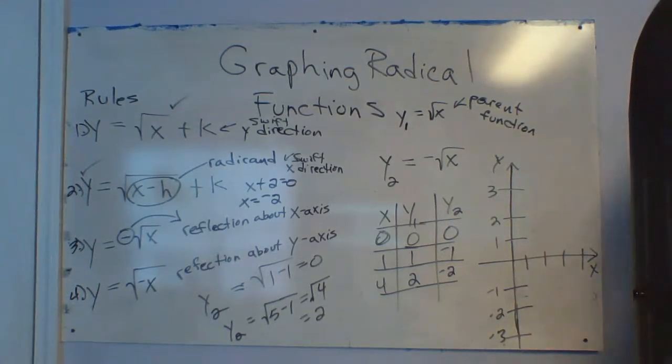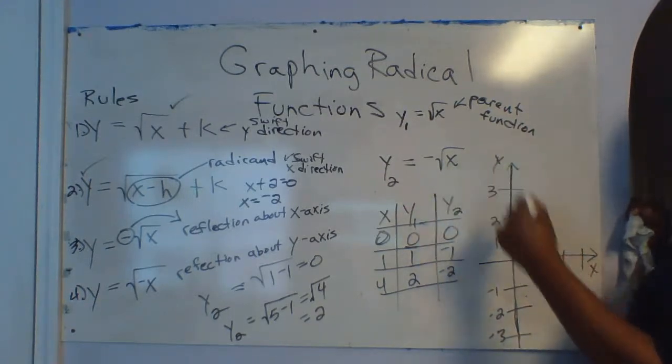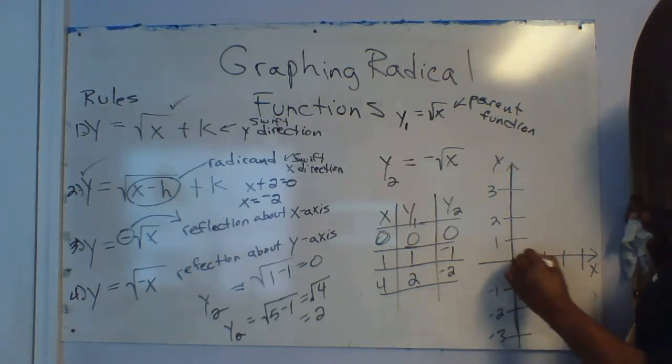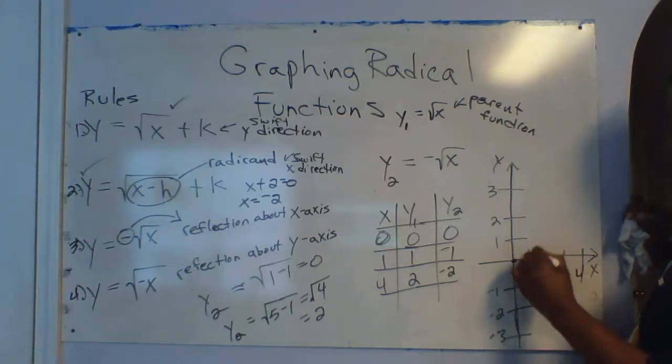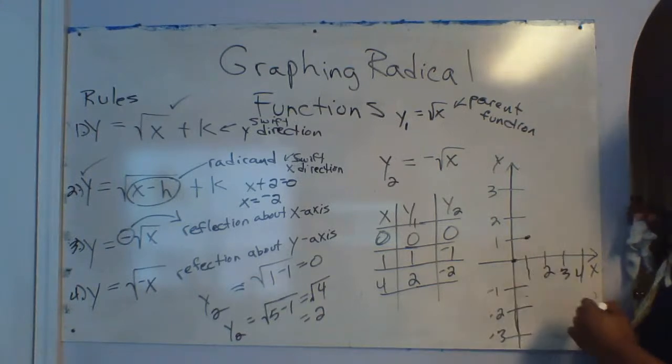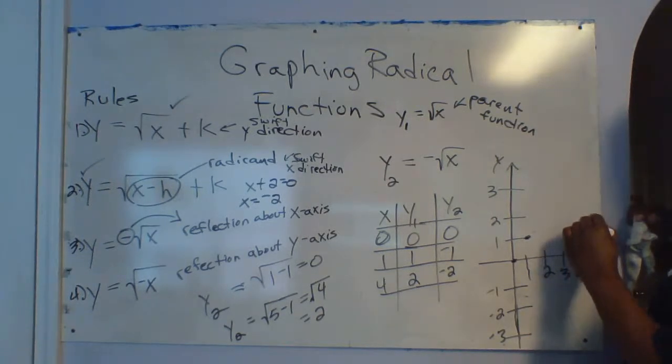I'm going to do the parent function first. So that'll be 0, 0, then 1, 1, and then 4, 2. So we have 4, 2 here.